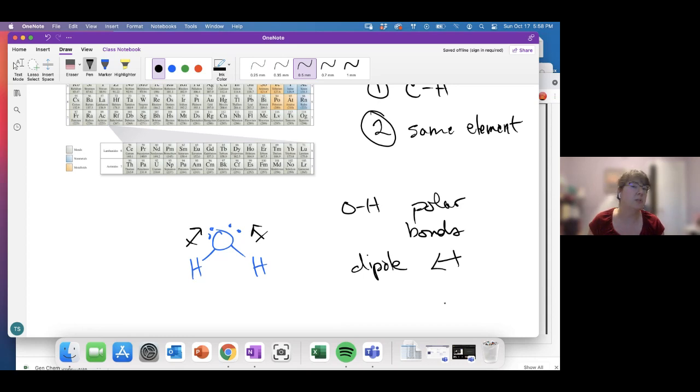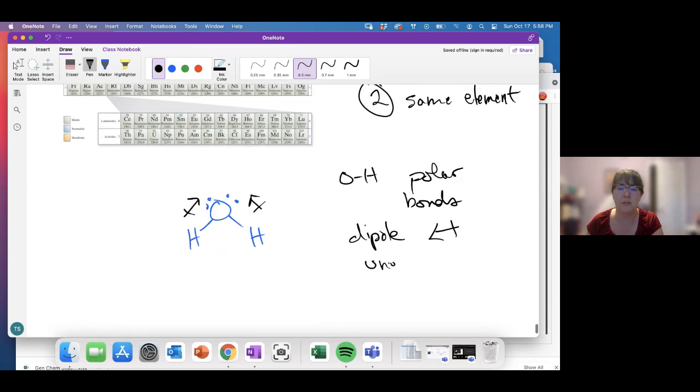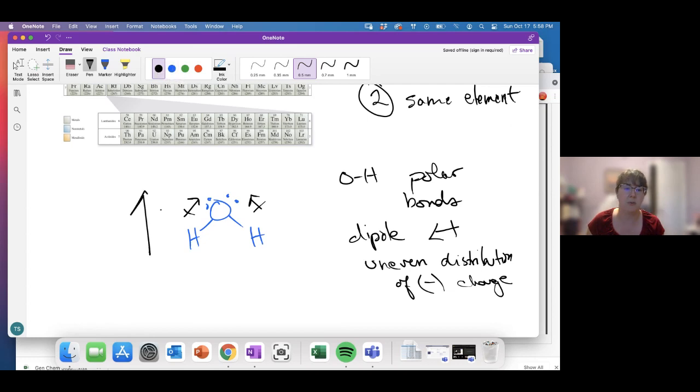It points to the negative part. A dipole is also trying to show that there's an uneven distribution of negative charge. If I draw the dipole moment of the entire molecule, I would just point to the oxygen. So this one is for the molecule.